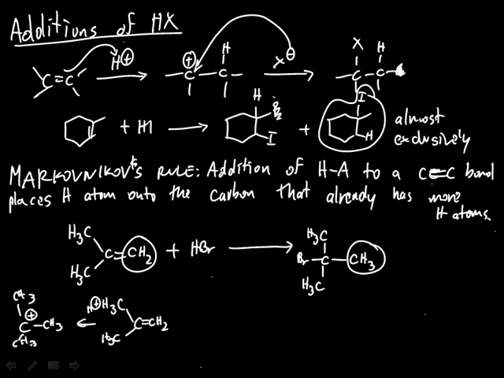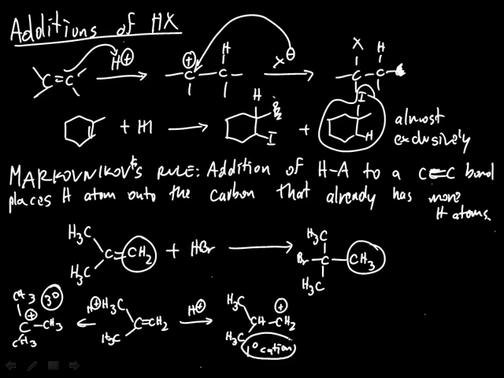And so this will give us a tertiary cation. Alternatively, if we protonate the carbon which is more substituted, then we'll get the less substituted cation, and this will be a primary cation, which is of course less stable, so this is not the species that we get.